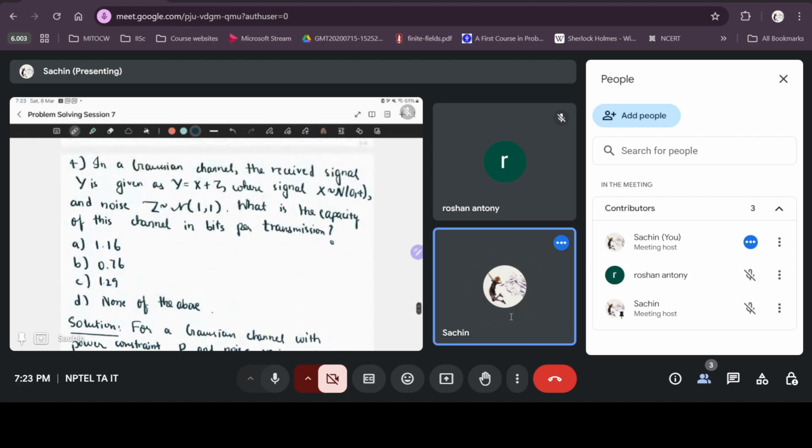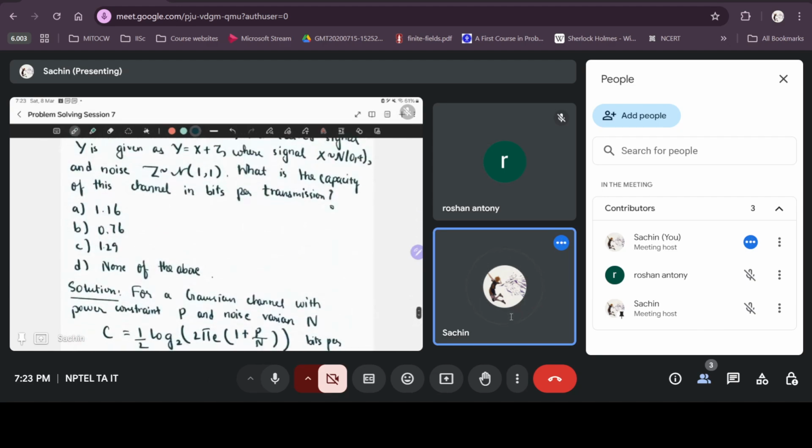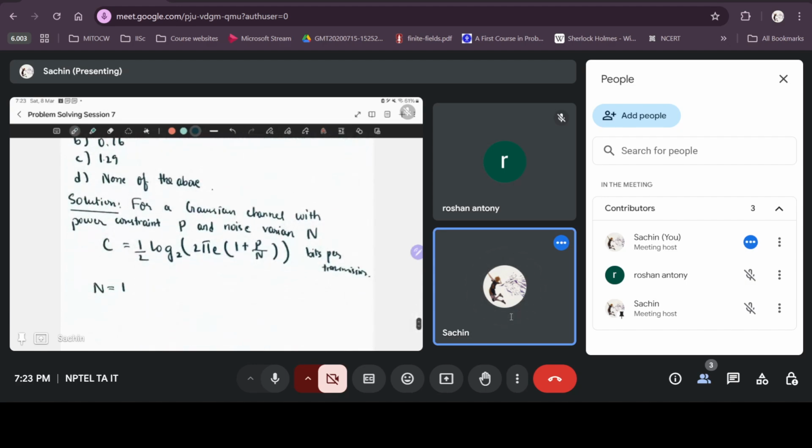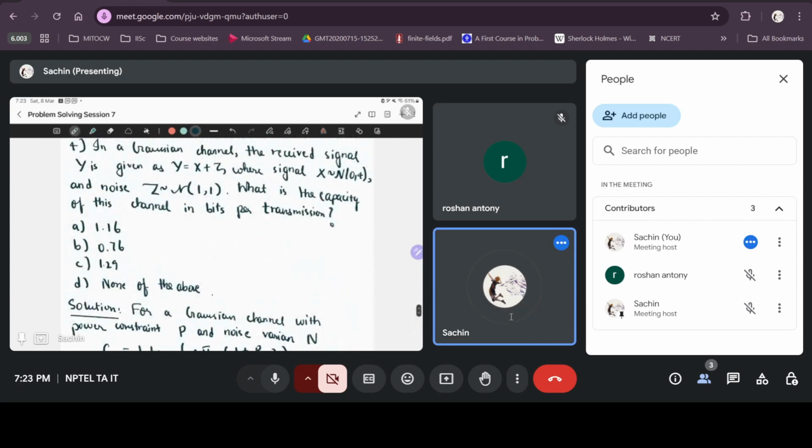Now, in this question, the noise variance N is 1. They have not given you a power constraint. So, I think you should consider the signal given. They're given a signal x distributed normally with mean 0 and variance 4.